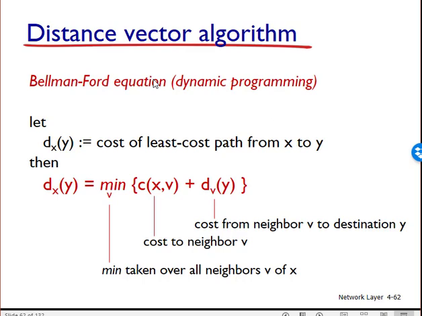When a node receives a new distance vector from any of its neighbors, it saves the neighbor's distance vector and uses the Bellman-Ford equation that you see here to update its distance vector, as we have already seen. If the node's distance vector has changed as a result of this update step, then it will send its updated distance vector to each of its neighbors, which in turn can update their own distance vectors.